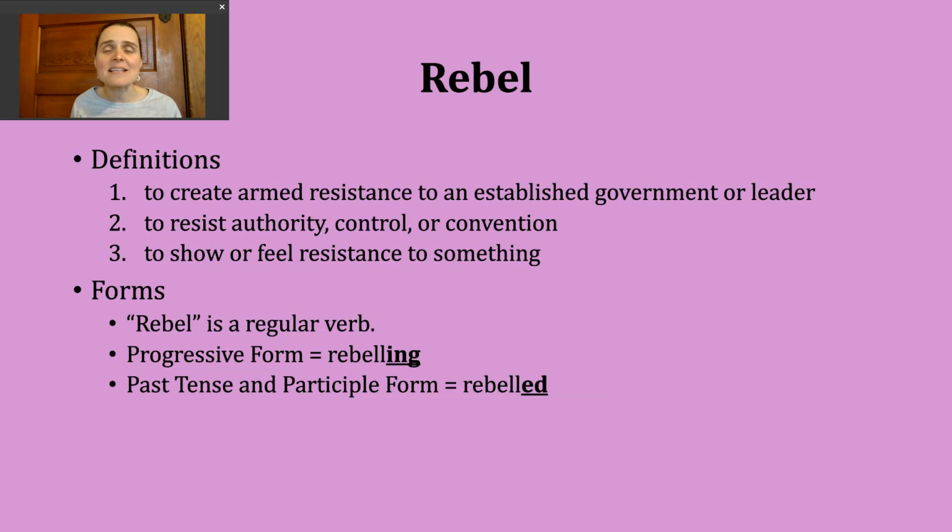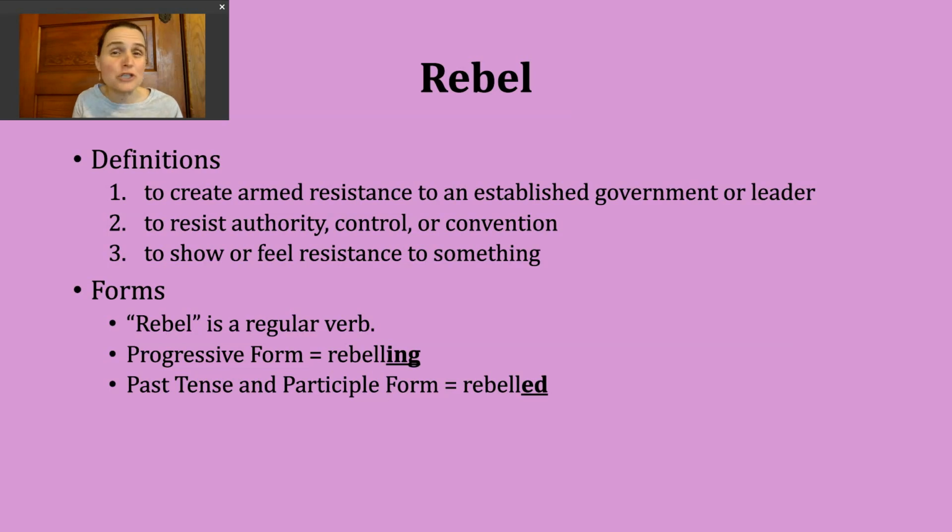That's because our base verb, rebel, ends in a voiced L sound. This means when I add the ed suffix, I'm not adding an extra syllable, I'm just creating this sound. Okay? And that's all because L is a voiced sound.